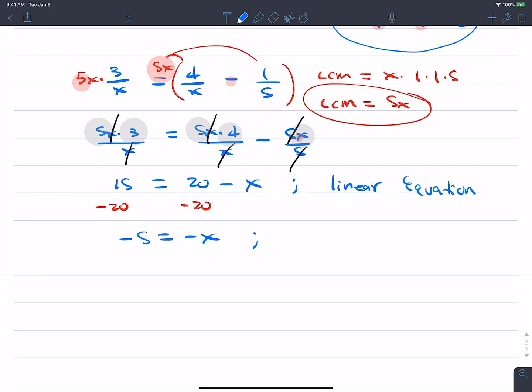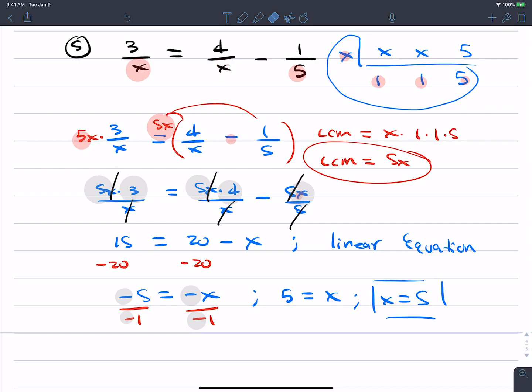You could divide both sides by negative 1. And then you get what? What's a negative over a negative? Negative over a negative is a positive again. We get 5 is x, or we can simply say x is 5, and you are done.